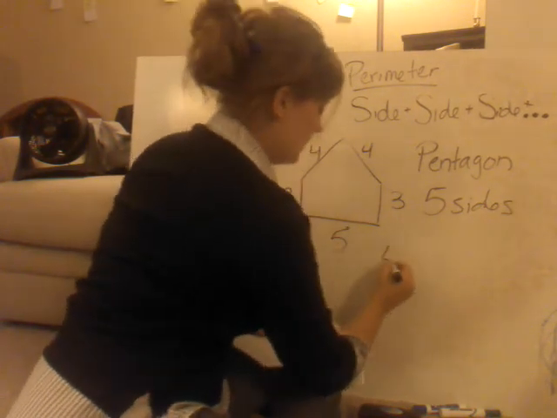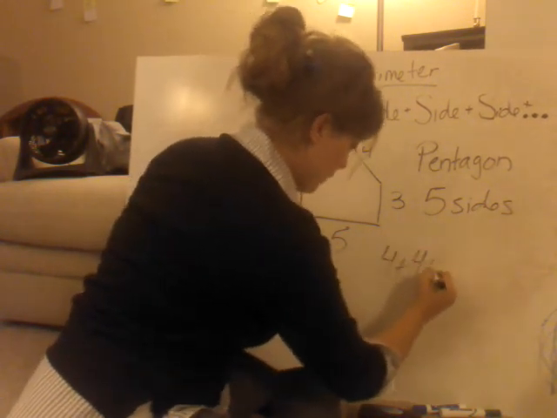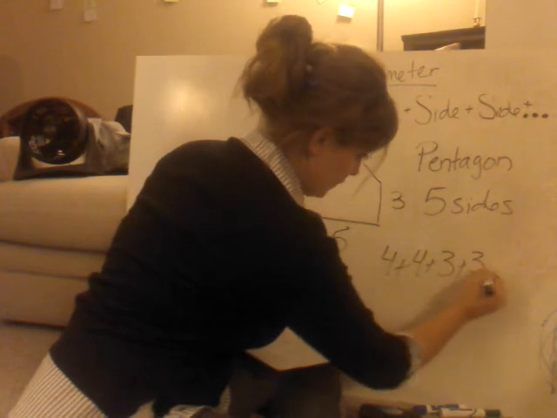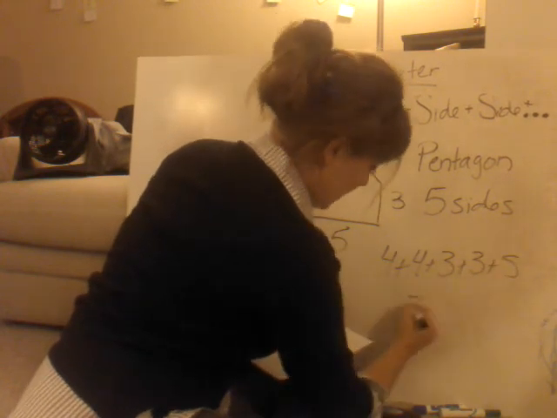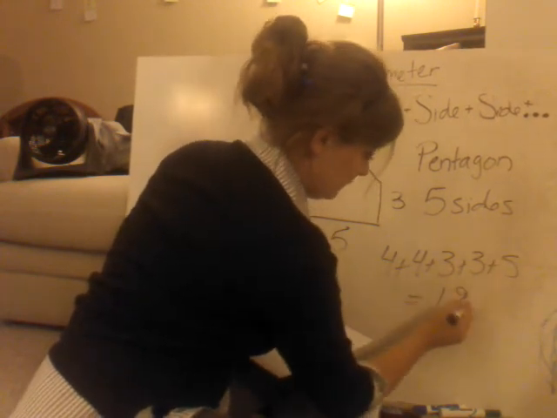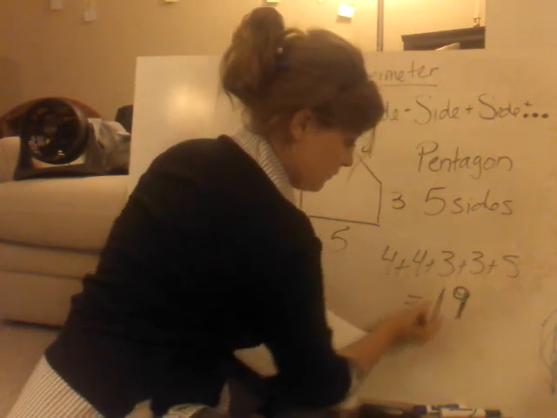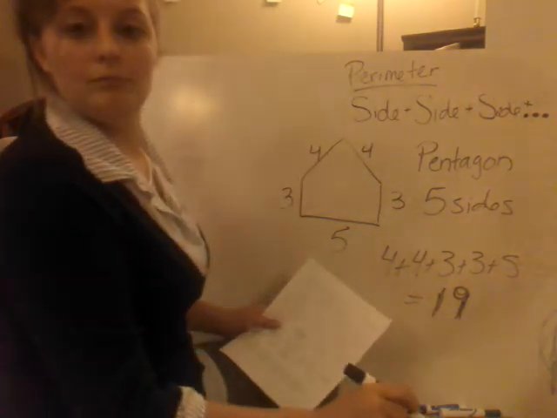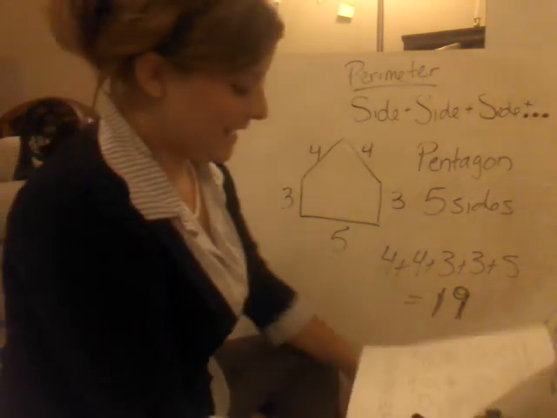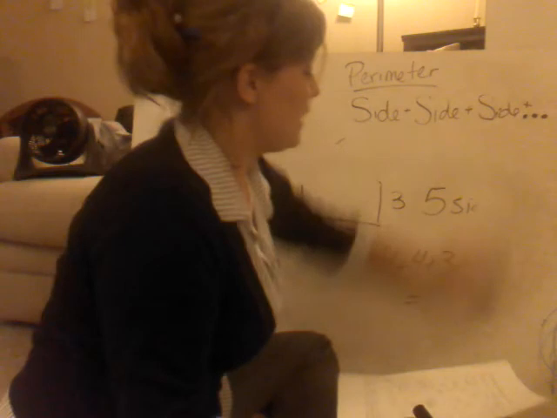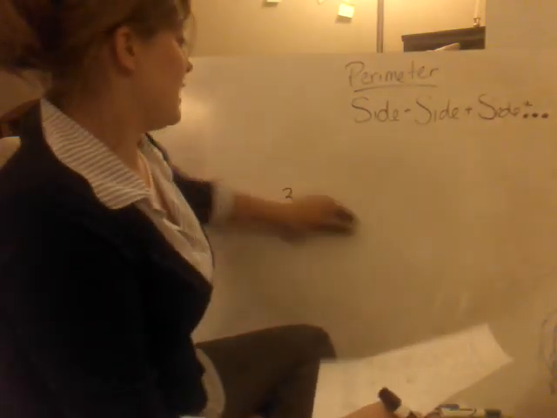I add up all my sides. 4 plus 4 plus 3 plus 3 plus 5, and I get 19. All right, we are kicking along.